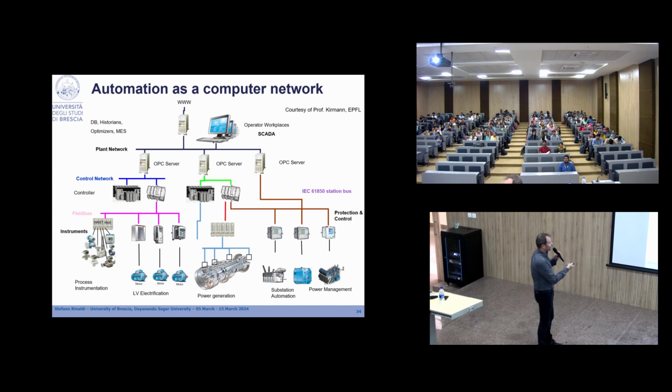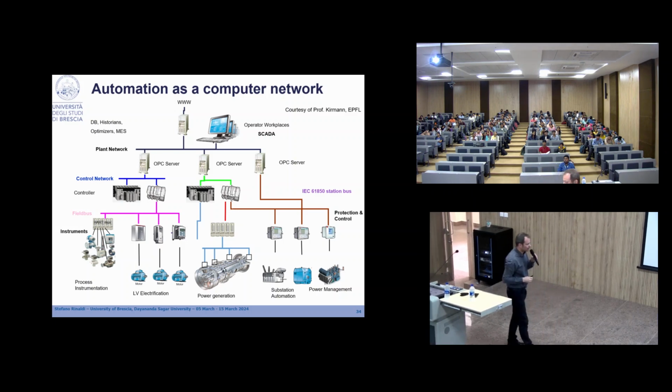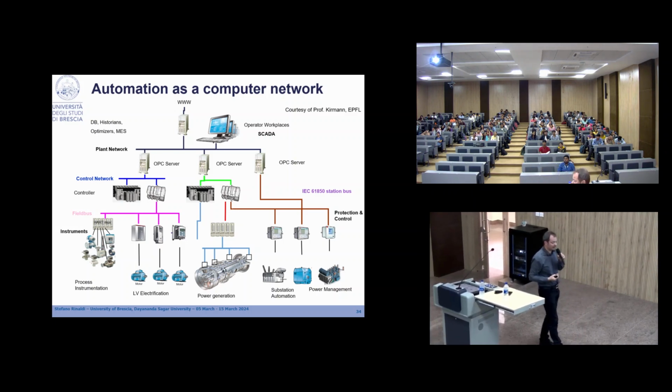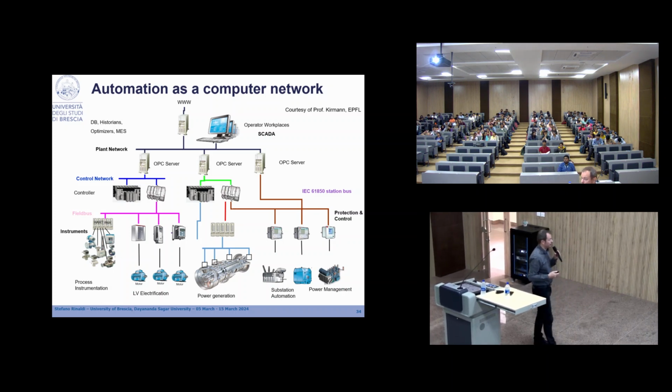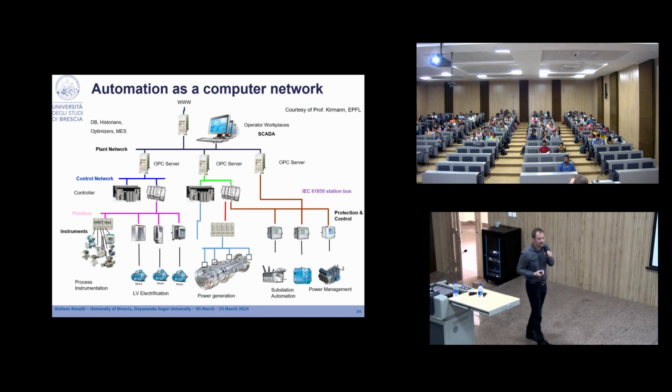For example, in this picture, I have the fieldbus for the factory automation and another type of bus, IEC 61850, a station bus for the process automation, in particular for electrical automation. And each bus has to connect different elements.